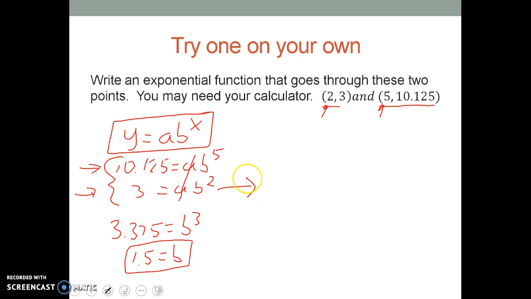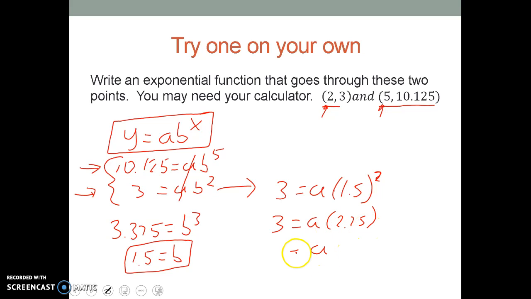I'm going to use this equation here, and I know that 3 equals whatever a is times b, which is 1.5 squared. And so if I take 1.5 and I square it, I will get 2.25. So it's 3 equals a times 2.25. And if I divide both sides by 2.25, I'm going to get 1.3 repeating.